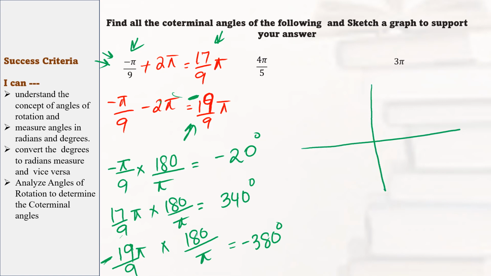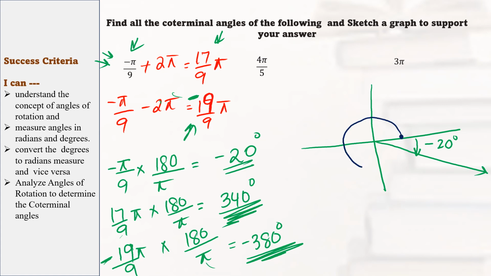Look at this. Negative 20 degrees is here, right? So this is our negative 20 degrees. Now positive 340 degrees means you have to start from the standard side and come back to this position. The same position gives me positive 340 degrees.